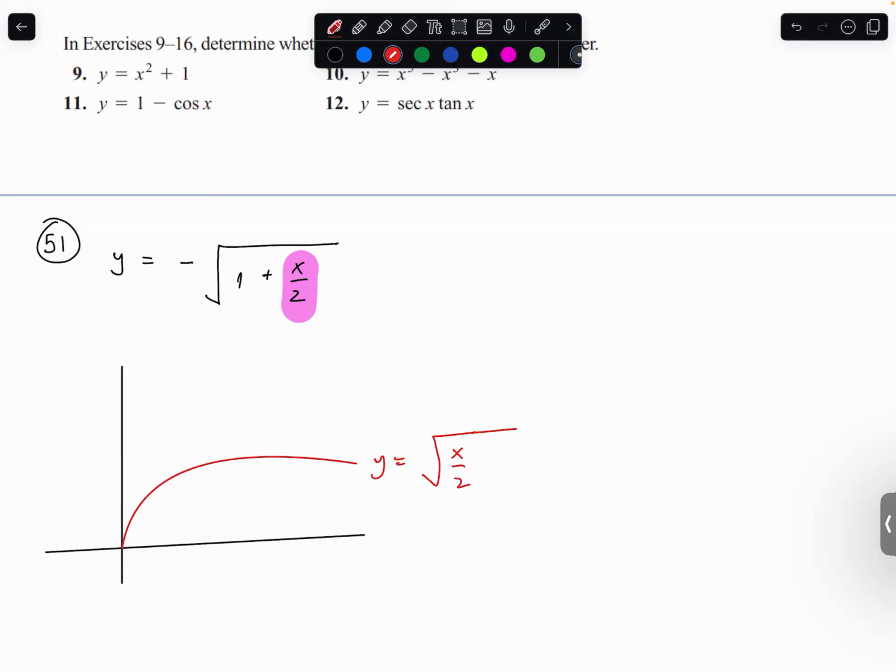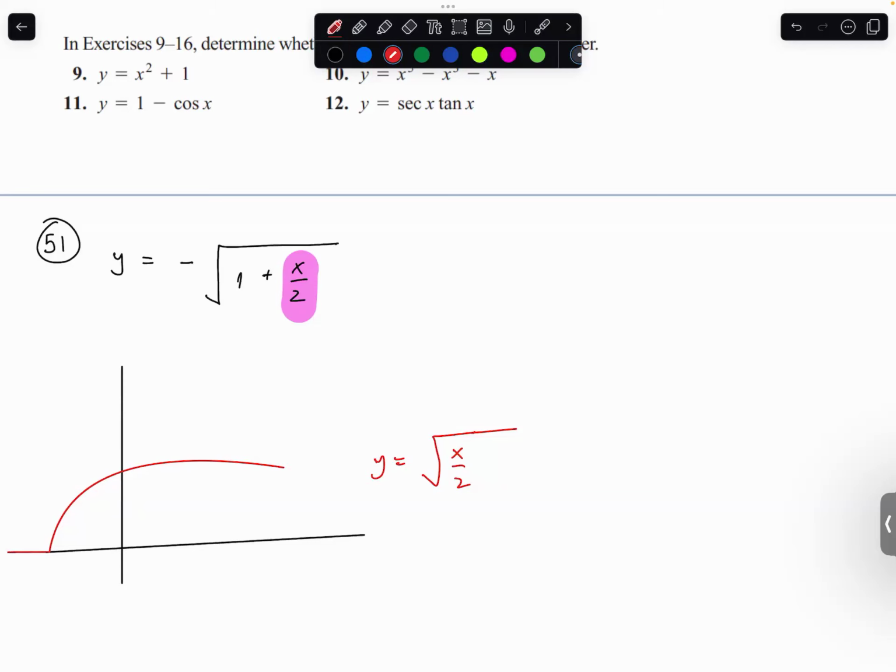Because the 1 here is positive, remember that when the addition is in your function argument and is positive, it goes to the left, and it goes to the right when it is negative. So this is like taking this graph and moving it 1 unit on the x-axis. Let's complete this.